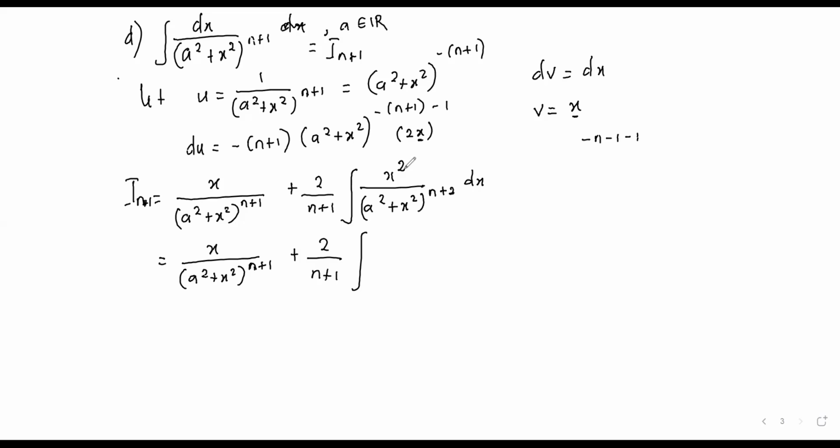So now let's try to do a bit of some magic. In the numerator there, let's try to make something that is similar to what we have in the denominator. So we have x squared, let's add a squared and then subtract it. I haven't changed anything there.